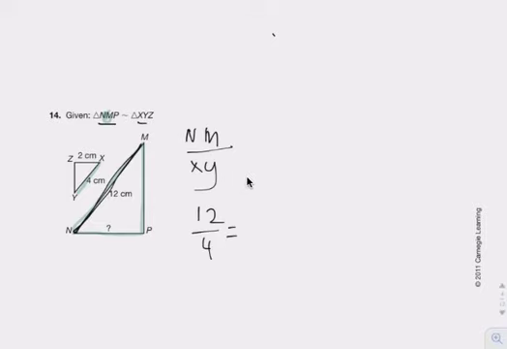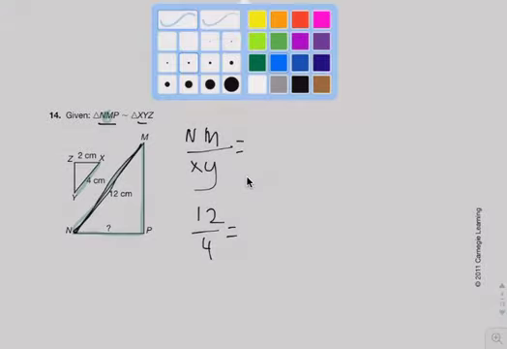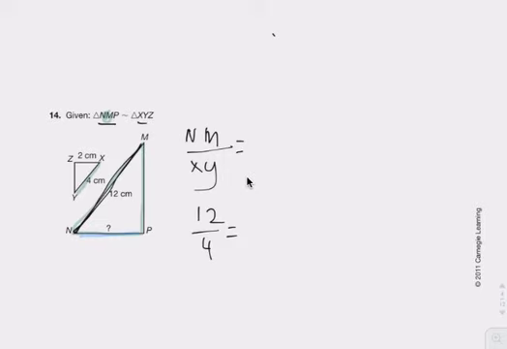Okay? And corresponding with the big side here, they want to know this one. NP corresponds to XZ. XZ is right here too.